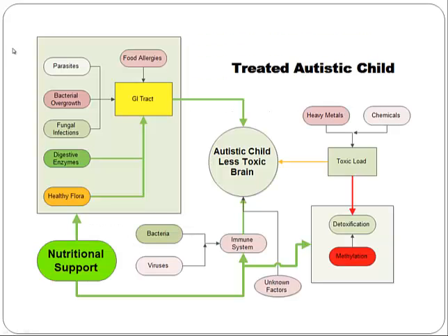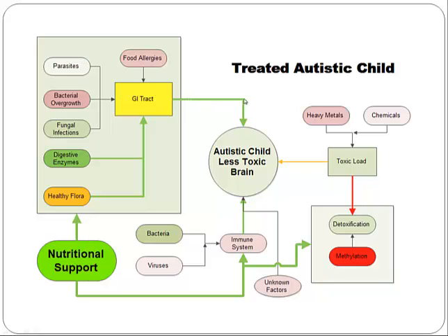This slide portrays what happens when we treat the comorbidity of an autistic child. We supply healthy flora, we supply digestive enzymes, we treat the fungal infections. Looks like the bacterial overgrowth is maybe not completely controlled. Food allergies are still bothering us, but overall the GI tract has improved.